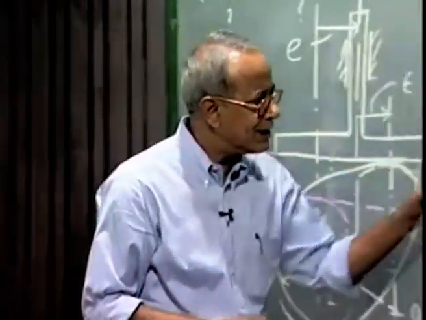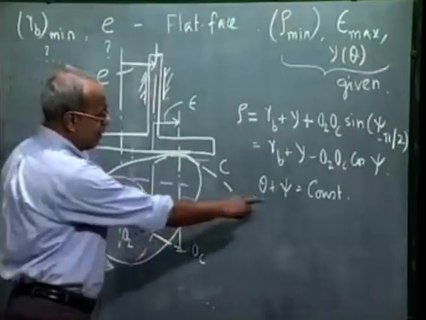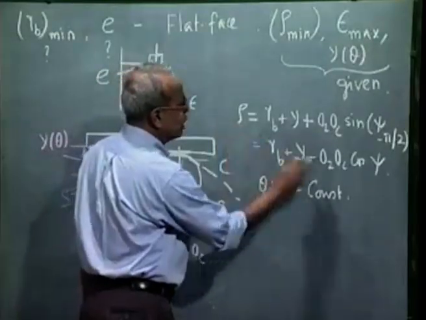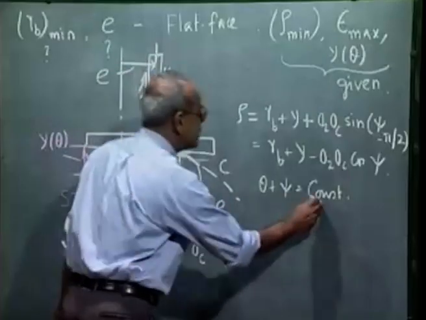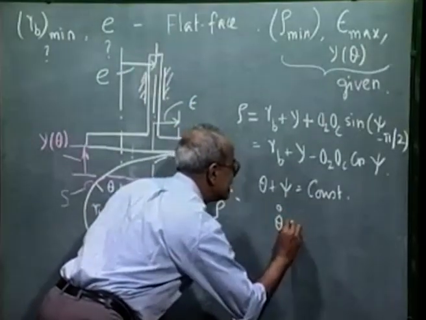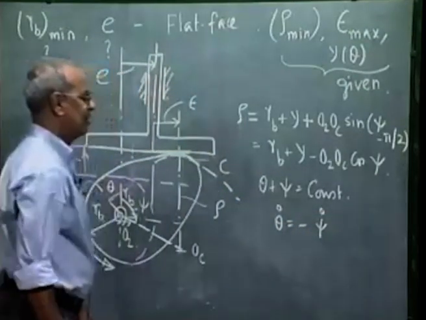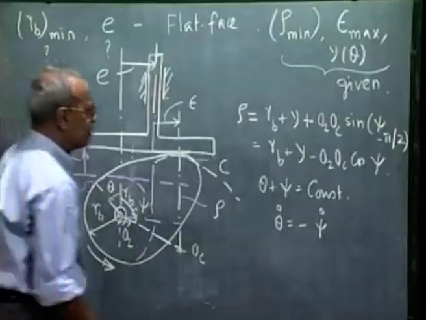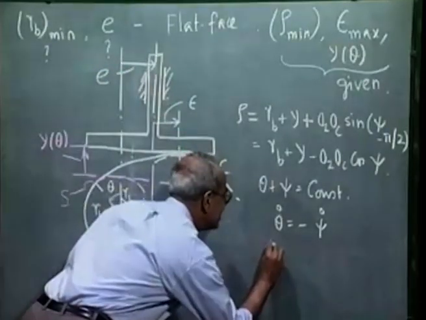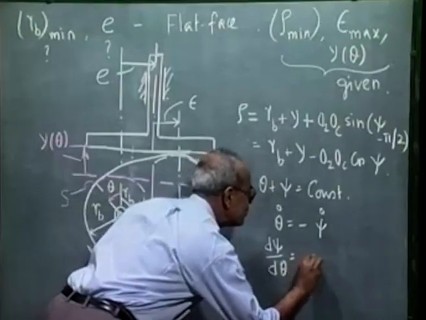So I can differentiate these expressions once and twice, holding this as constant and rho and O2OC as constant. So this gives me theta dot, d theta dt, is nothing but minus psi dot, or I can write d psi d theta as minus 1.